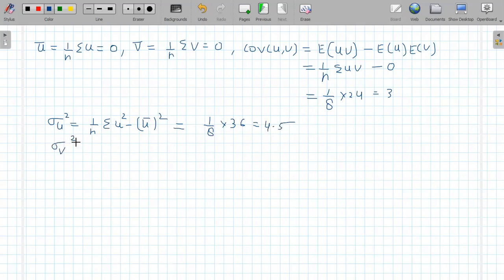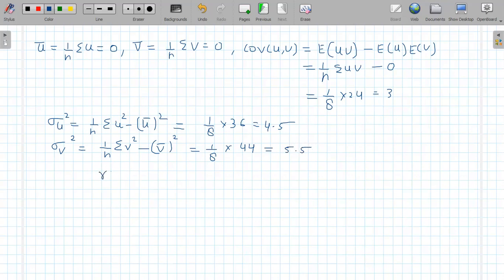Similarly, sigma v square is 1 upon n summation v square minus v bar whole square, so it is 1 upon 8 into 44. v bar is 0 and summation v square, the sum of all the v square values, is 44. So it is 5.5.